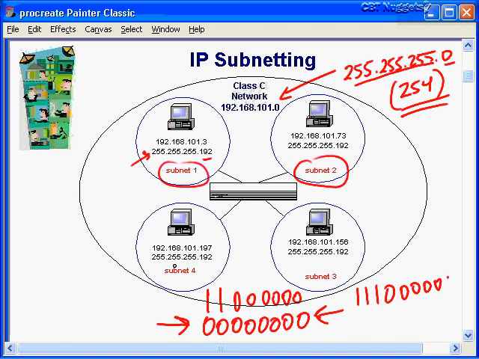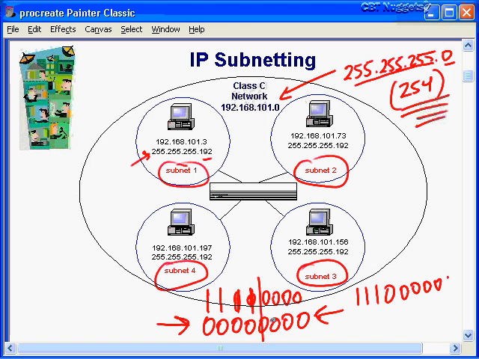Now, of course, the more subnetworks you create, remember, for each subnetwork, I've got a network number and I've got a broadcast on that network. So it effectively starts diminishing the amount of available addresses I have. The more subnetworks I create, the more network numbers, the more broadcast numbers, and again, I get fewer overall addresses. So this 254 gets depleted more and more by the more bits that I use to create subnetworks.